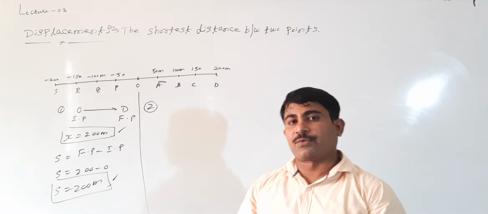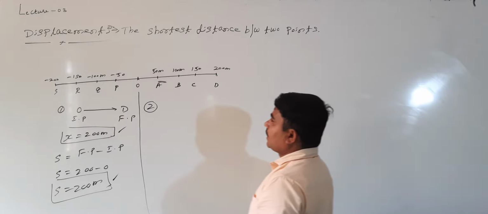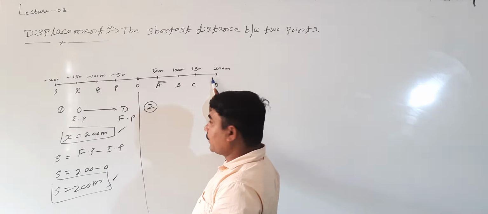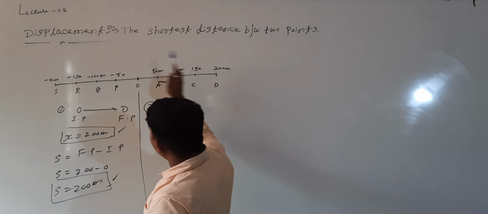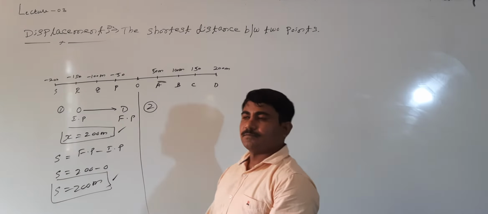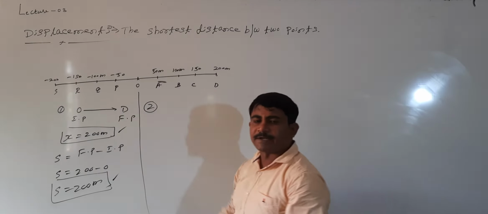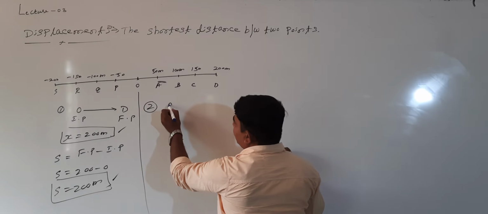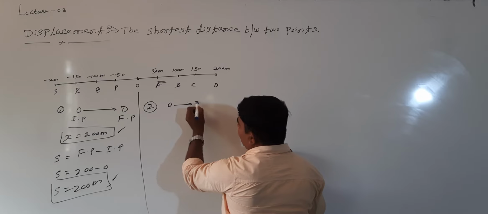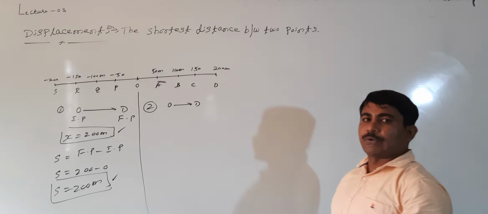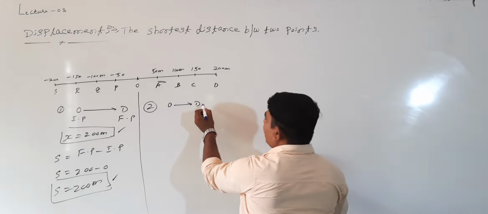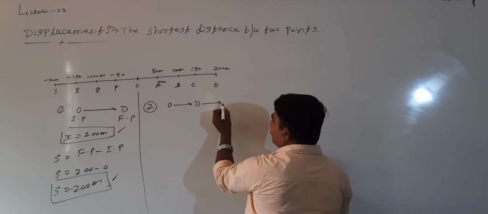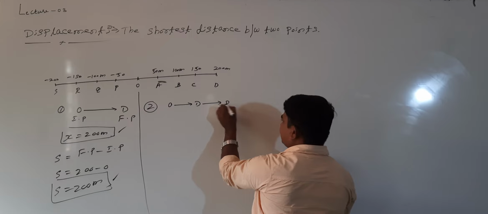Consider the object moves from O to D, and again goes back from D to Q or D to R, no matter. In the second case, the object moves from O to D, and again from D to P, you can take.